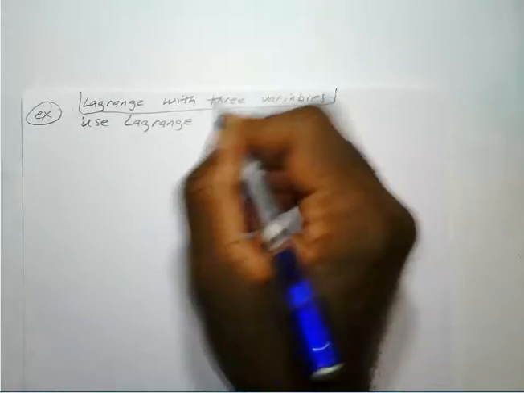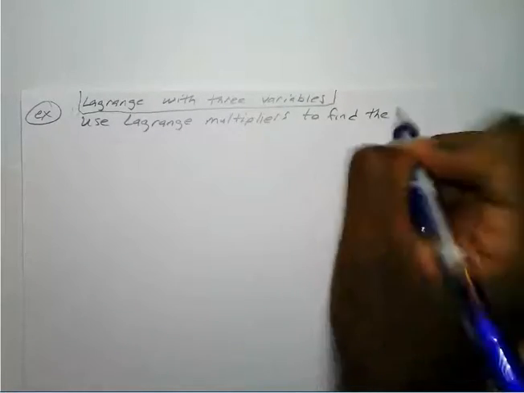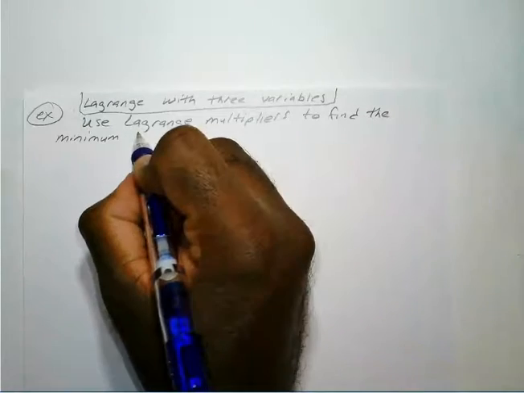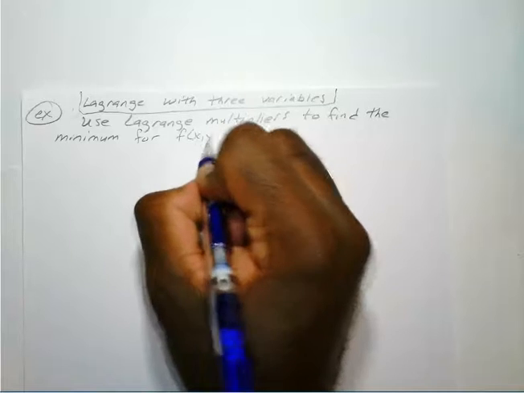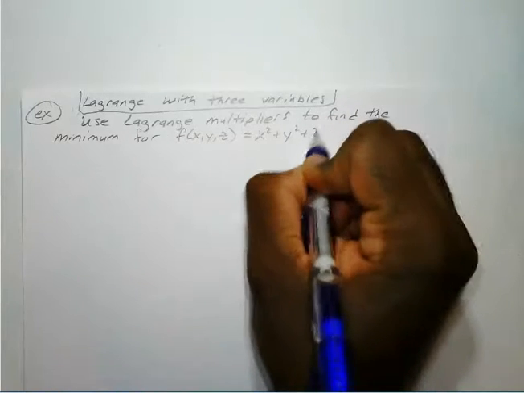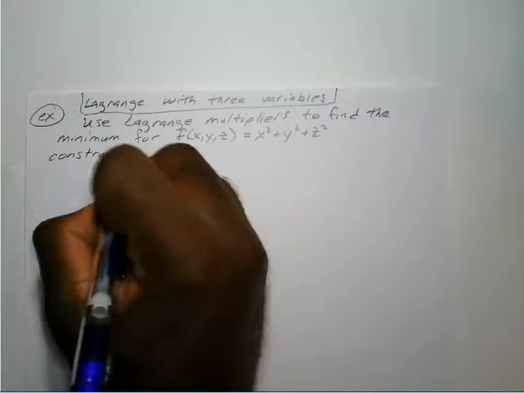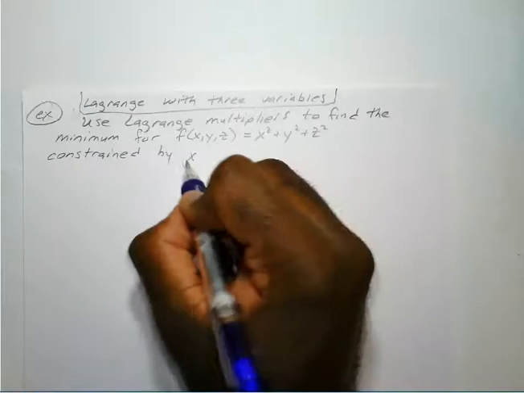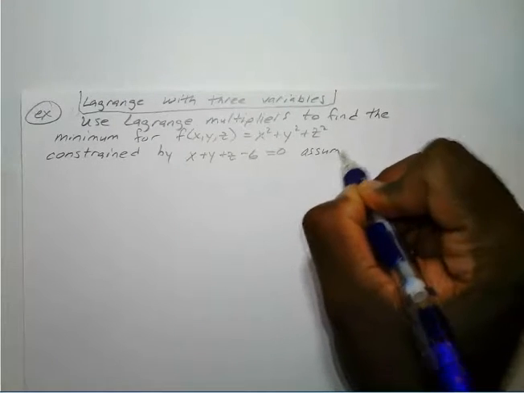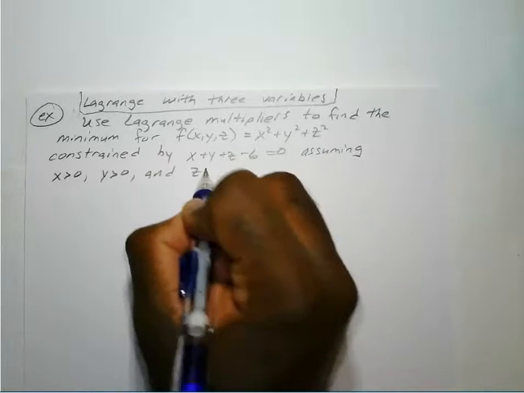So let's say we want to use Lagrange multipliers to find the minimum for, let's say, f of x, y, z equal to x squared plus y squared plus z squared, constrained by x plus y plus z minus 6 equals 0, and assuming x is greater than 0, y is greater than 0, and z is greater than 0.